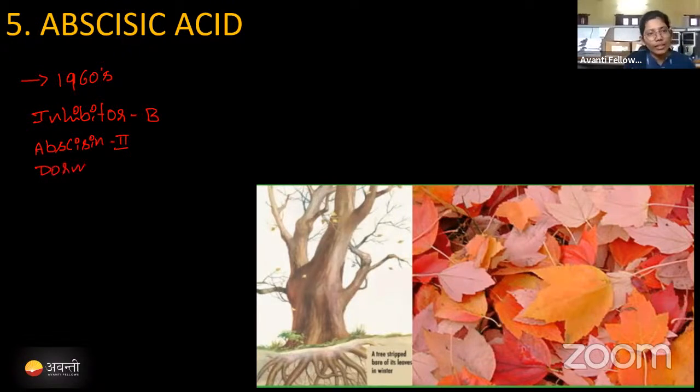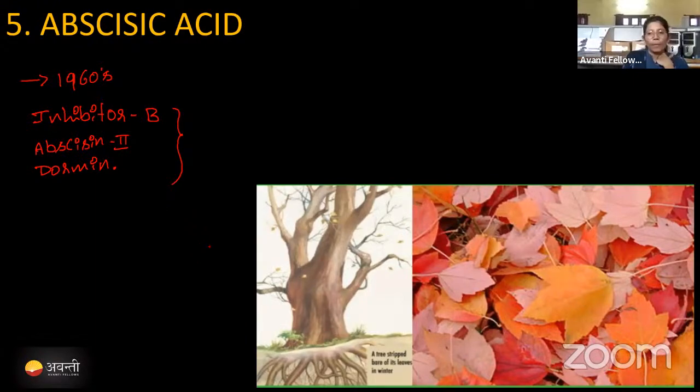These were the 3 growth inhibitors we got to know in the 1960s. Later, we understood that all 3 are identical, and they are known as abscisic acid.